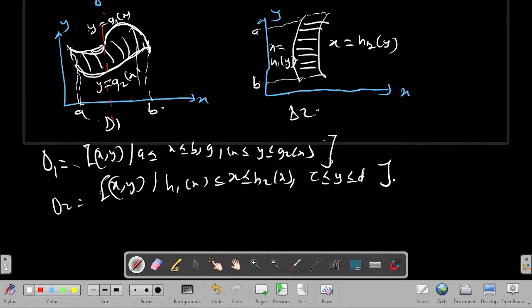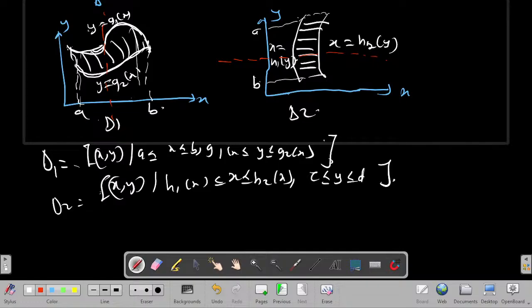So once I have this position this way, then what's next? But here's the clear explanation. In this scenario, our functions are x equals, meaning that they are in the sense of x. So in this case, we cut through in parallel to x. Here we cut through in parallel to y to get this. When you cut through in parallel to x, you start from x equals h1 of y to x equals h2 of y.